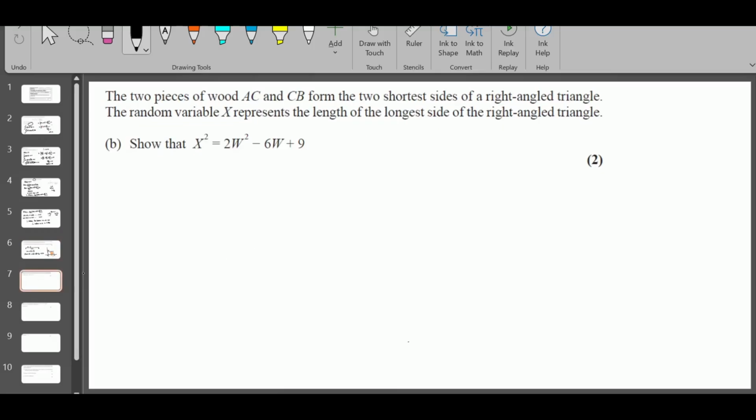Now, the two pieces of wood AC and AB form the two shortest sides of a right angle triangle. Okay, you see, we have a piece of wood AB. We cut the wood somewhere C. Now we fold it and we frame a right angle triangle now.